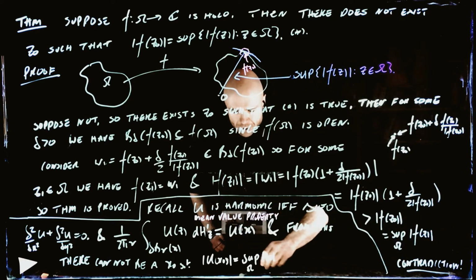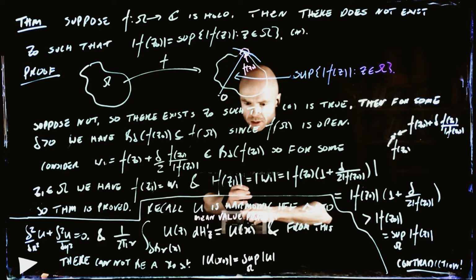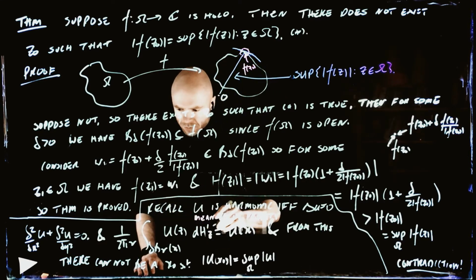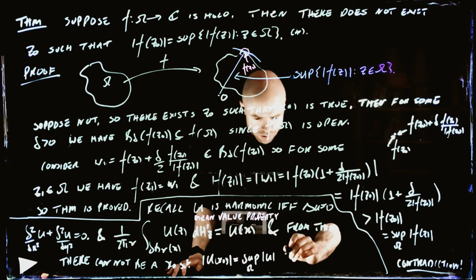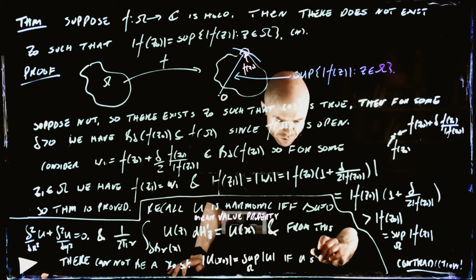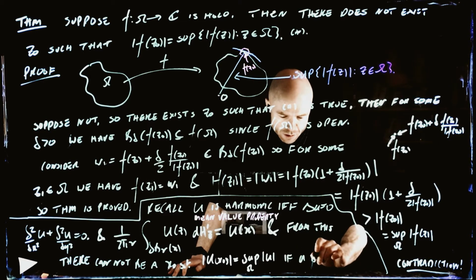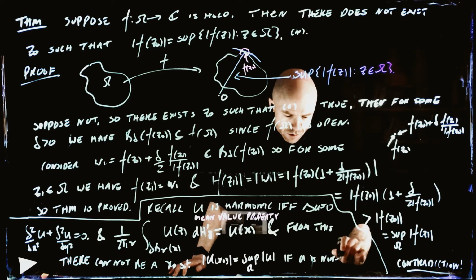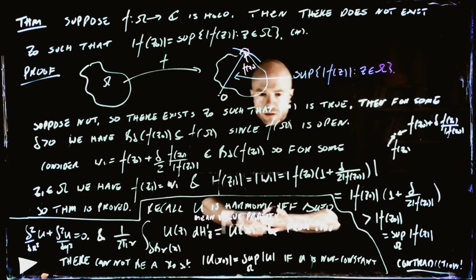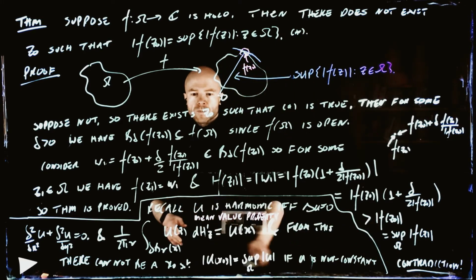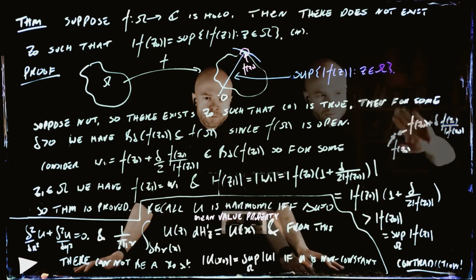I have to say that, you cannot be constant. Thanks. If u is non-constant. So, we have a non-constant u. Tell me why it's true.